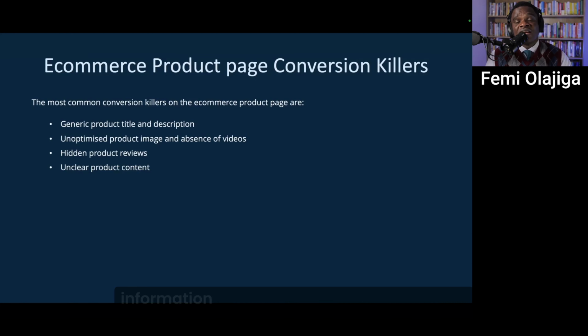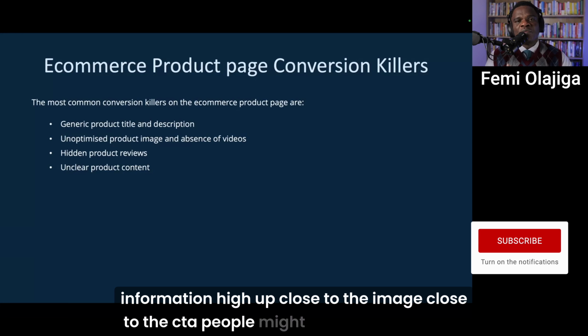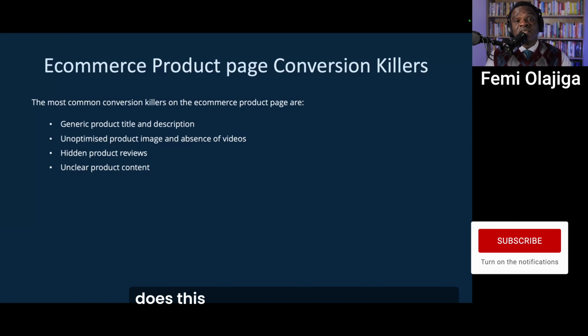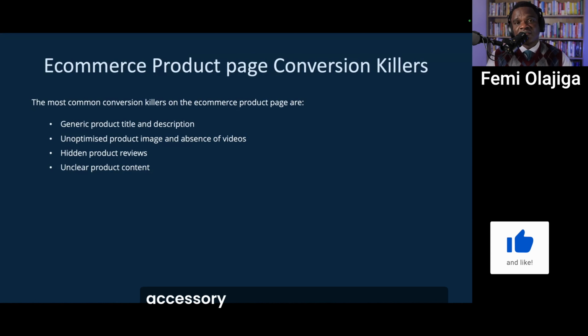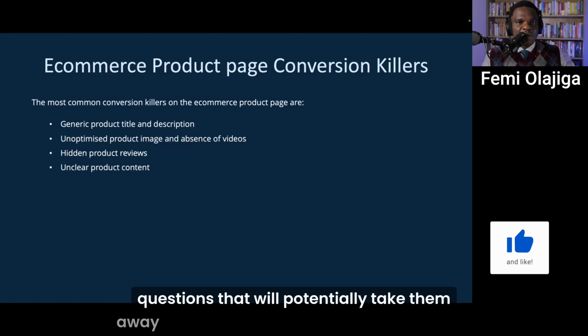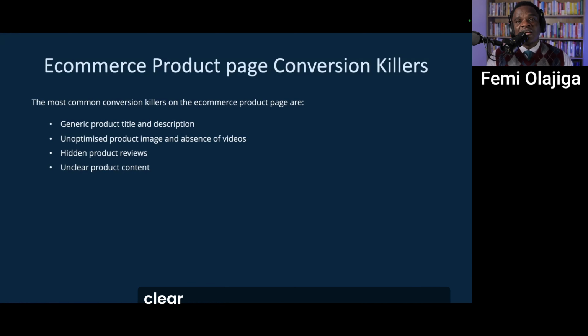If you do not have that information higher up, close to the image, close to the CTA, people might have questions: does this product have everything I need? Will I need to get something extra, like an accessory, to be able to use this? Those are the questions that will potentially take them away from that product page. So you want to make sure that you have a clear communication of what is in that product.